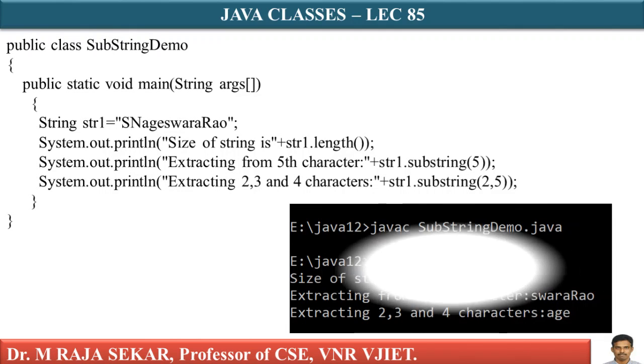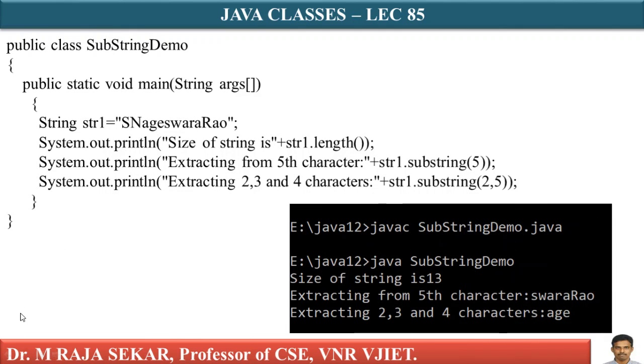Just see this one. This is a simple program. The class name is substring. String str1 equals S Nageshwar Rao. Size of string, str1.length, what is this size of string? It is 13. What is the length method?